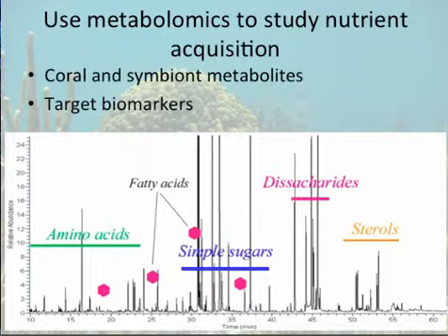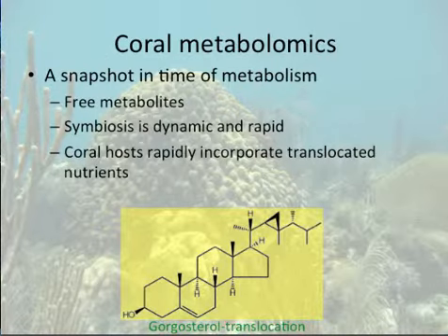These sterols turn out to be very good biomarkers, and I'll talk a little more about those as we go along. So metabolomics is a snapshot of an organism's metabolism.